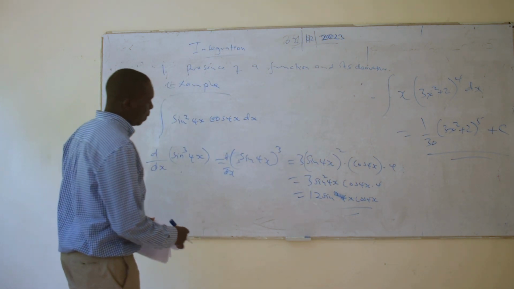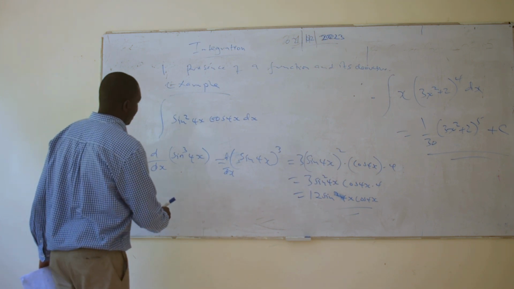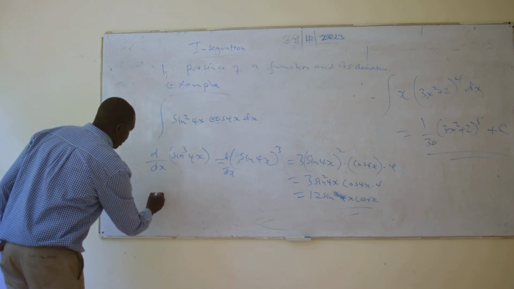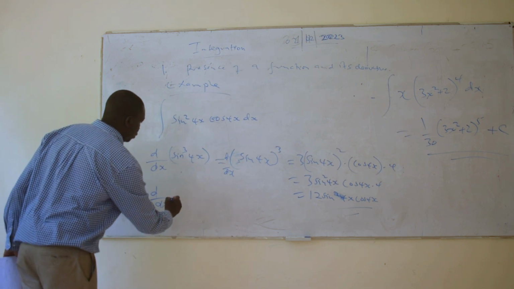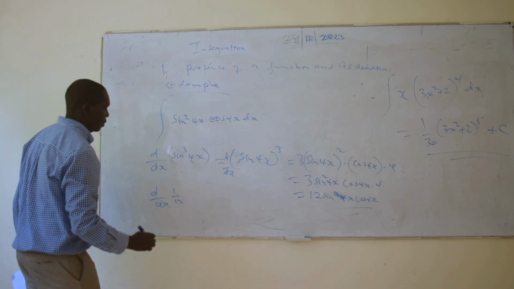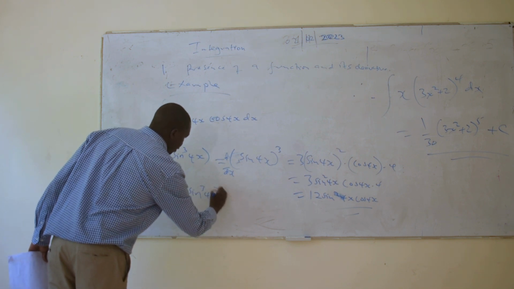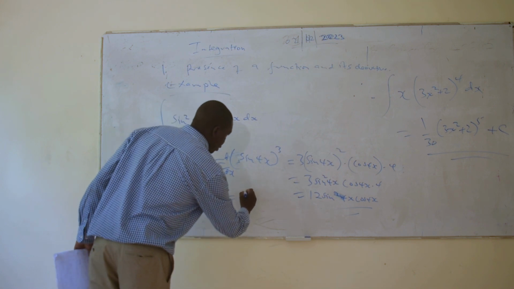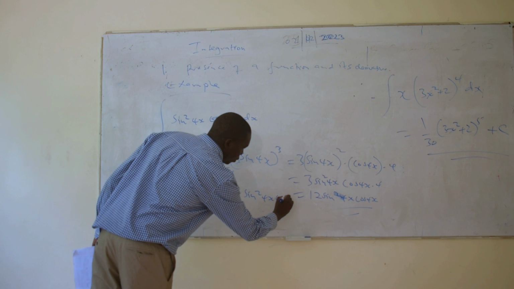So it means the antiderivative of the integrand, that is d/dx, should be 1/12 times sine cubed 4x, which is equal to sine squared 4x cos 4x.